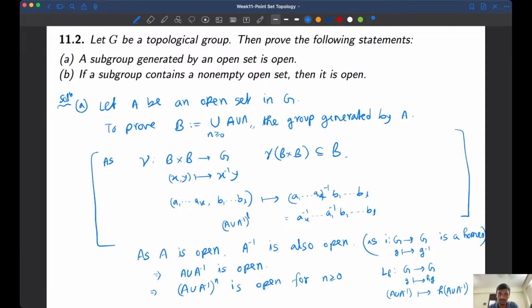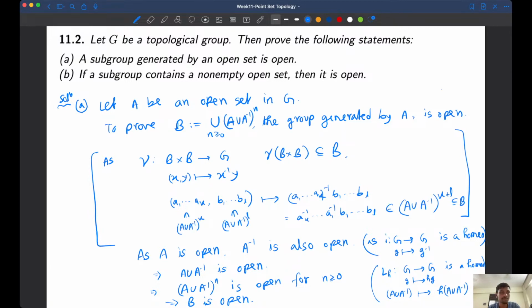Okay. So subgroup generated by open set is open. Okay, so next basically we have: if a subgroup contains a non-empty open set, then it is open.